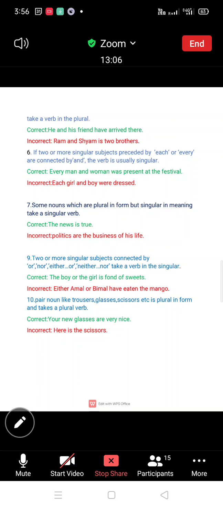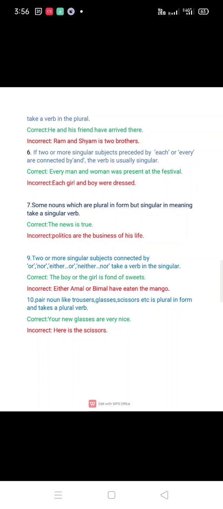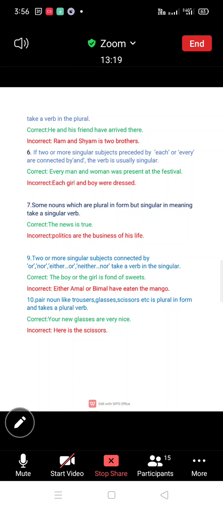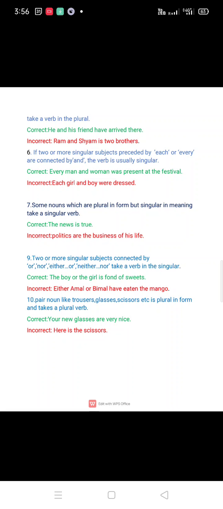Number 9. Two or more singular subjects connected by or, nor, either or, neither nor take a verb in the singular. Here you can see the boy, the girl. These are two singular subjects connected by or, and that's why the verb is singular here.